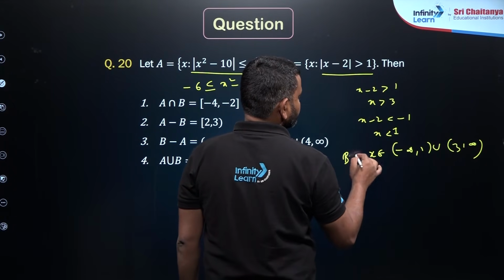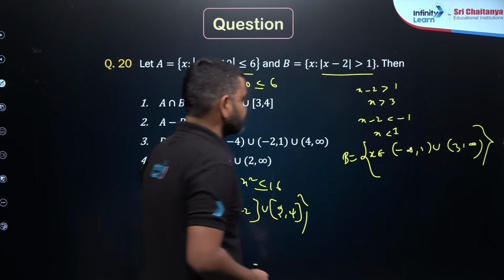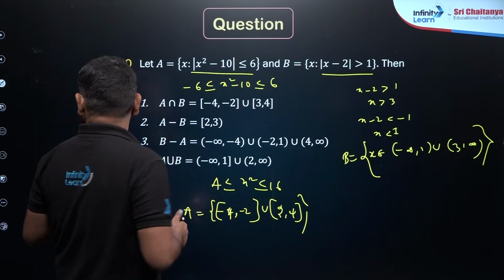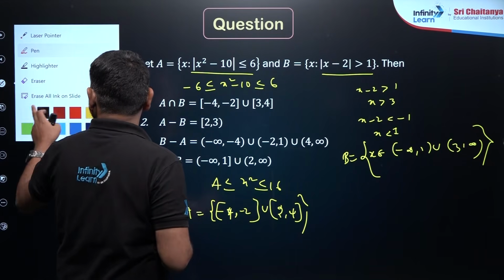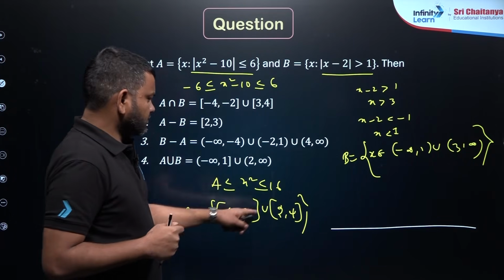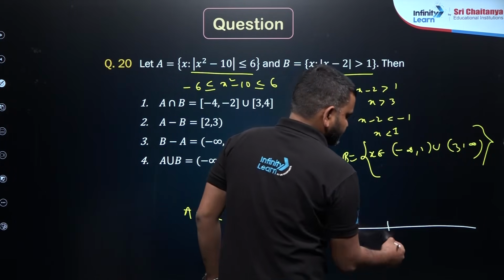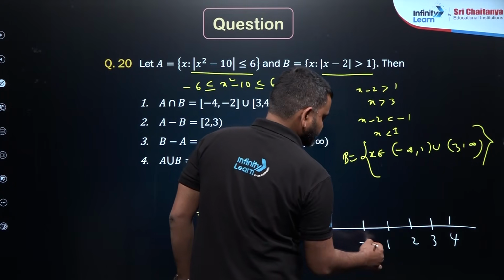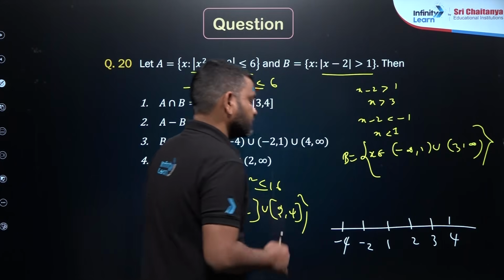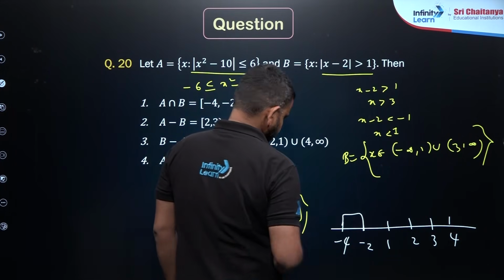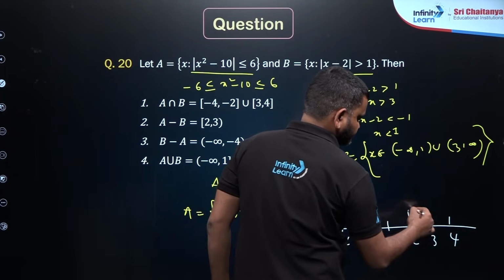This is about B. Now if this is A and B here, then you have to check for the remaining values. So let us see how the Venn diagram, how the graph we can see on the number line. 1, 2, 3, 4, all numbers I have. So 1, 2, 3, 4 and minus 2, minus 4 I have. So in this minus 4 to minus 2 is there and 2 to 4.